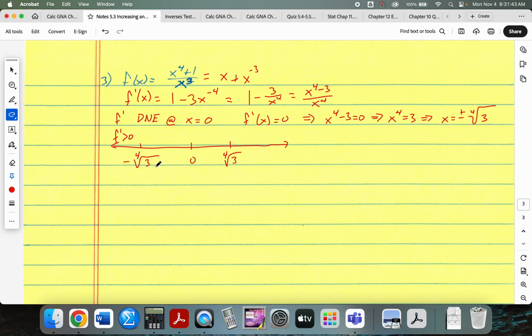Here, you're like, I got to pick something between those two. Okay. So negative fourth root of 3. Like, okay. Square root of 3 is like 0.7 something. And then the fourth root, so I mean, it's going to be something kind of smallish. Let's see what it is.